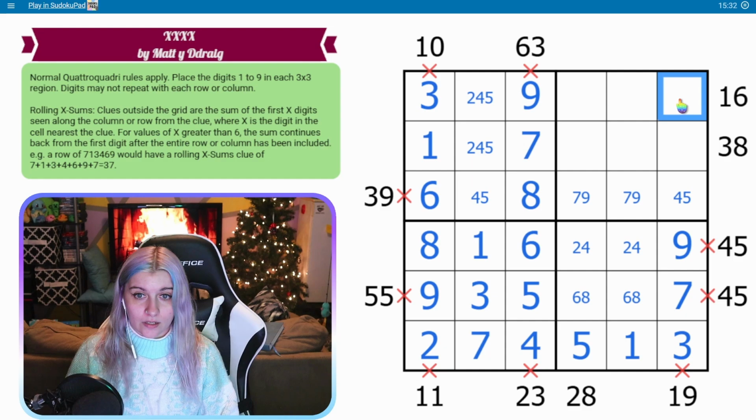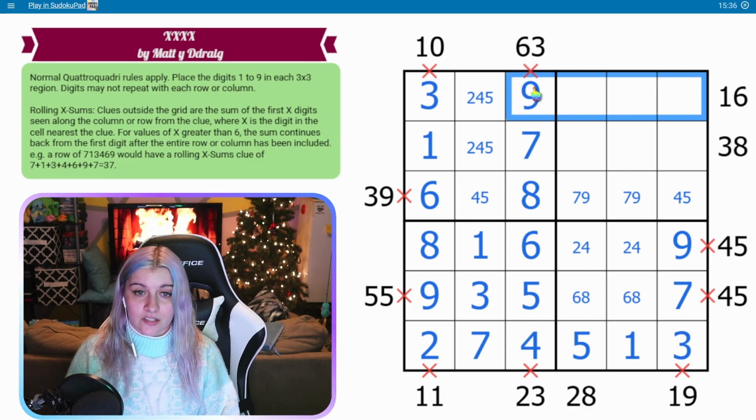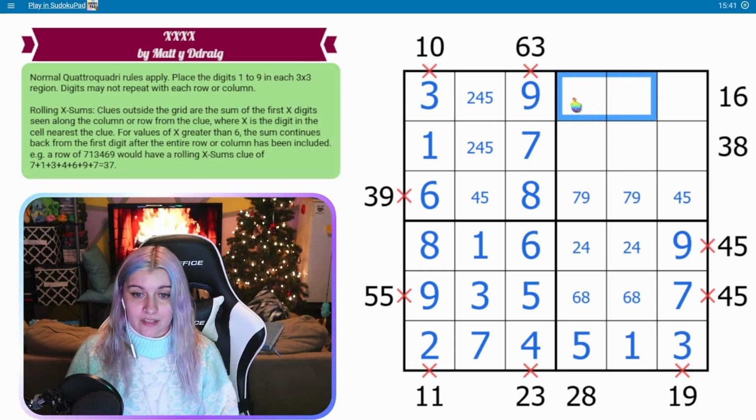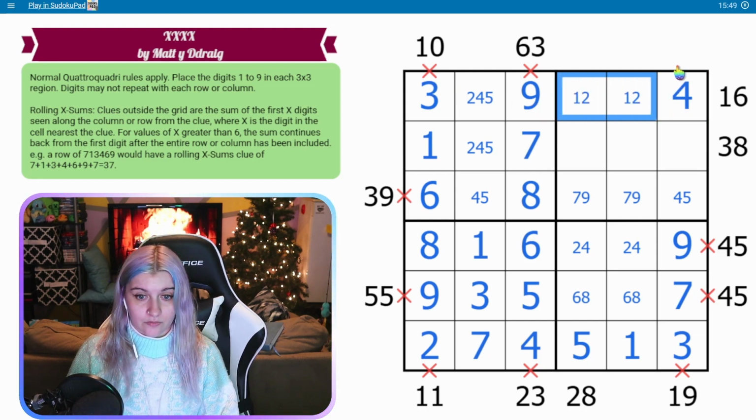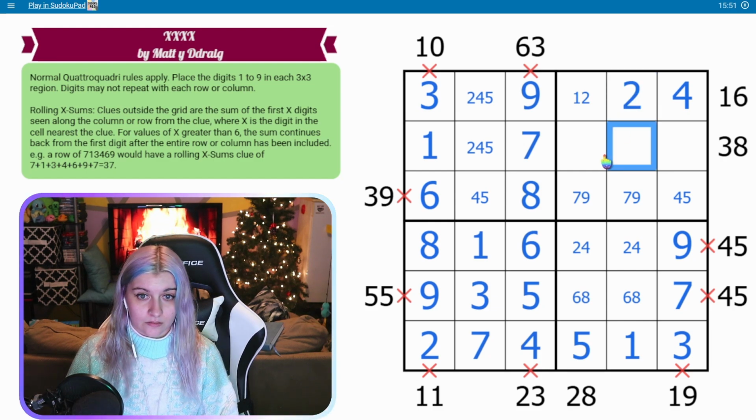What about a 4? 4 would mean it's these cells. So 16 minus 9 is 7, minus 4 is 3. These two would have to sum to 3, so it'd be 1, 2. That's going to be the biggest I could do it because that's the smallest these could possibly be. Very nice. Whoops.